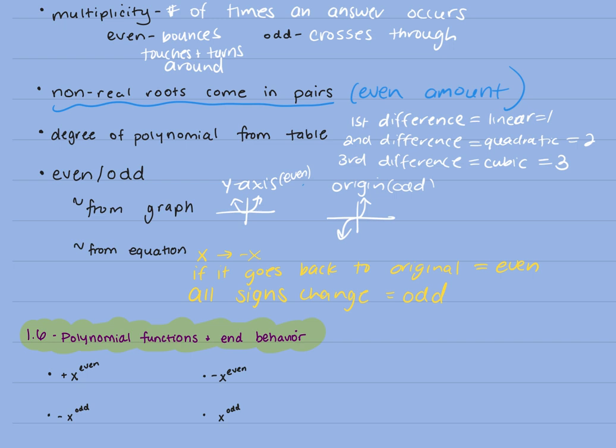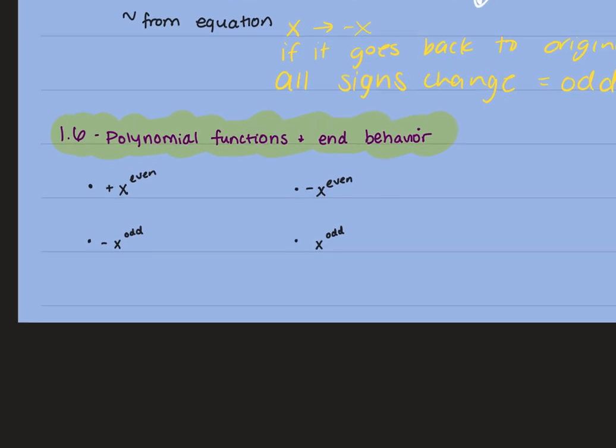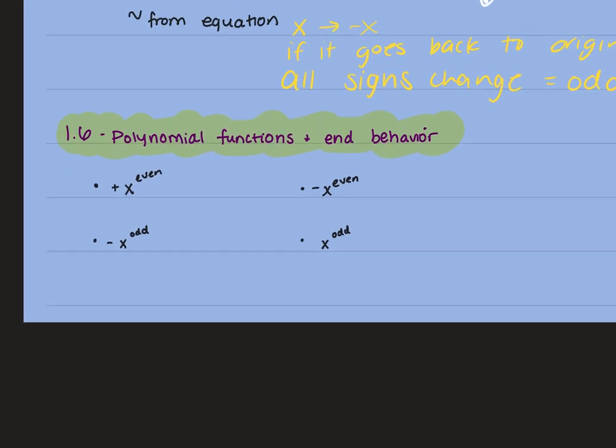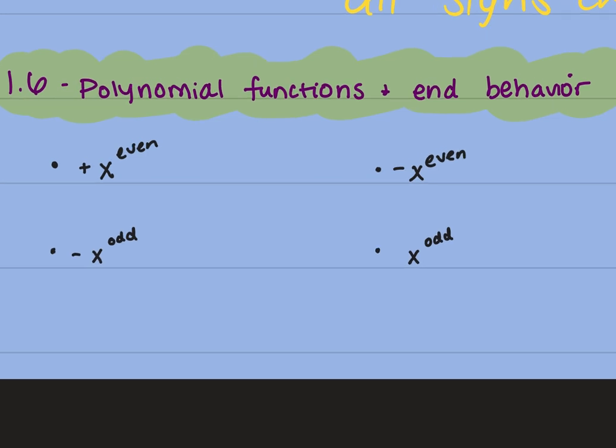And then we finished with polynomial functions and end behavior in yesterday's section. So this will be in limit notation, okay? If the exponent on the x is even and it's positive, both my arrows point up. So I would say the limit as x approaches negative infinity and the limit as x approaches positive infinity both equal infinity.